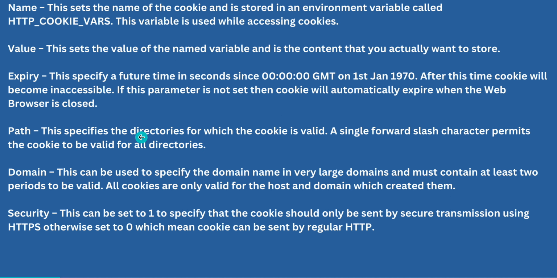Path. This specifies the directory for which the cookie is valid. A single / character permits the cookie to be valid for all directories. Domain. This can be used to specify the domain name; for very large domains it must contain at least 2 periods to be valid. All cookies are only valid for the host and domain which created them.